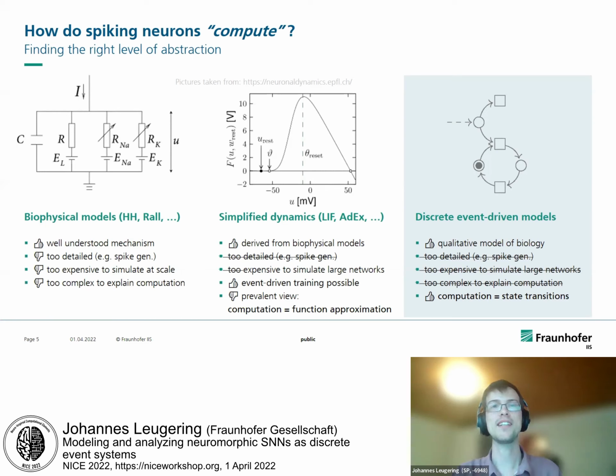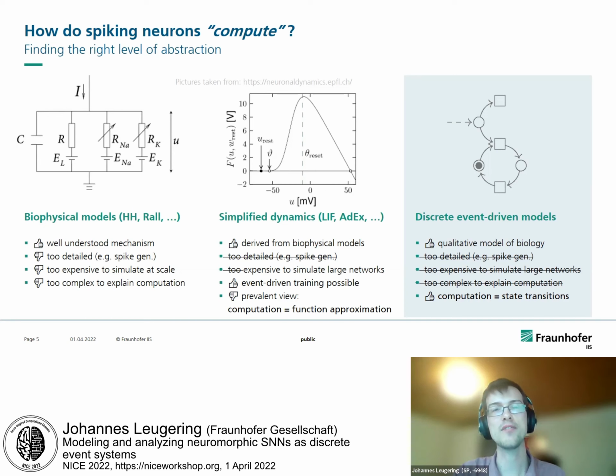But more importantly, what I find really interesting is that this gives a completely different explanation of what it means to do computation in such a spiking neural network, because now computation is really equivalent to state transitions. And that is the notion of computation that also Turing used for the Turing machine originally. So it allows us to tie it in a bit with concepts from computer science.